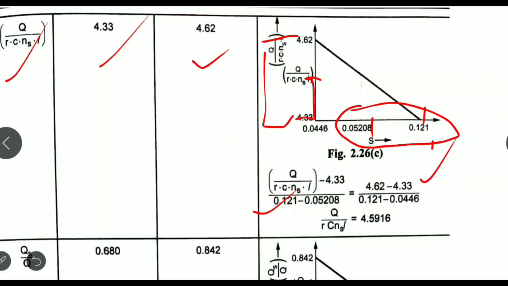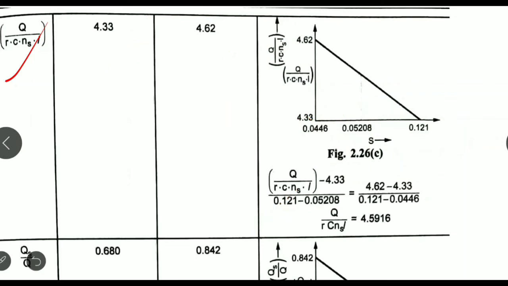Everything is the same, but instead of the denominator at the first stage, you can take the value which is situated in between these two. This is very important where there is a Q. Dear friends, please remember, where there is a Q, flow rate, we need to take an inversely proportional graph, and for doing the calculation at the numerator we will have to consider these 2. By that we'll get Q by RCNs as 4.59.